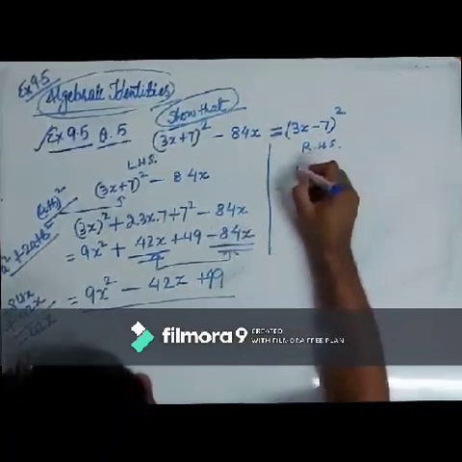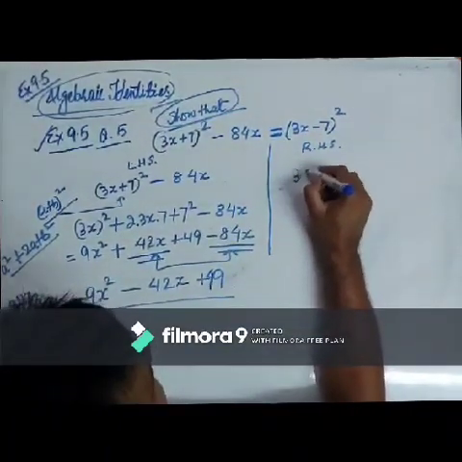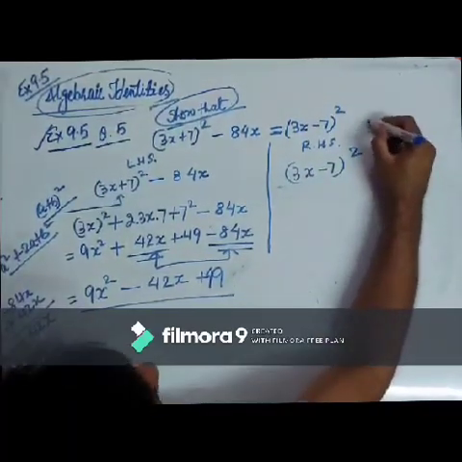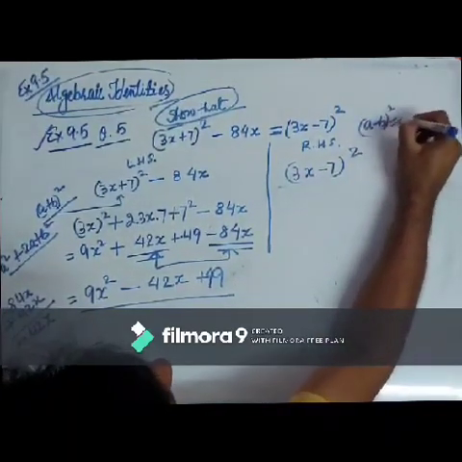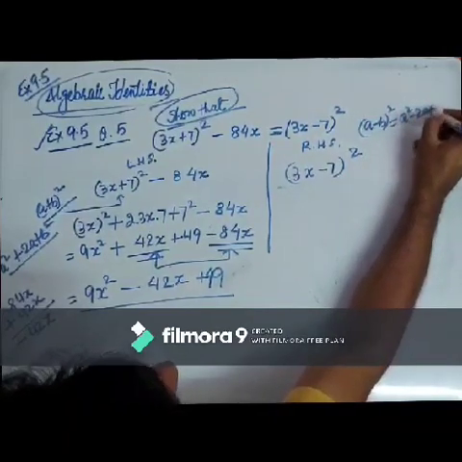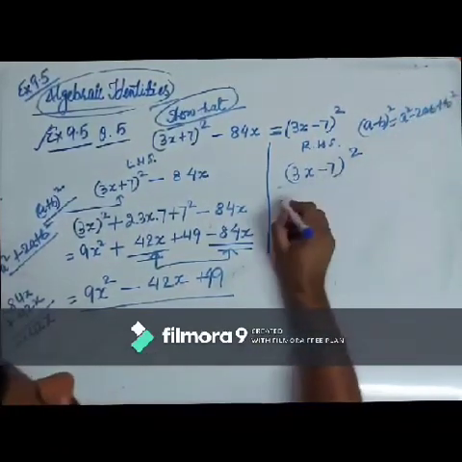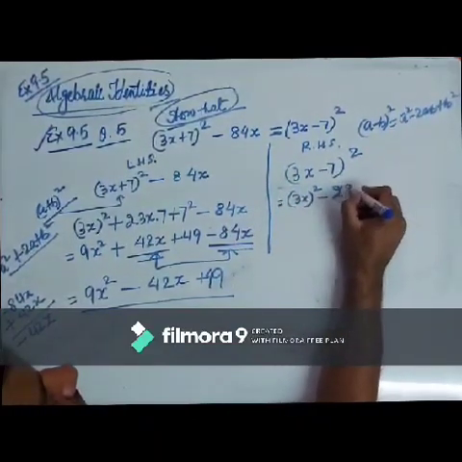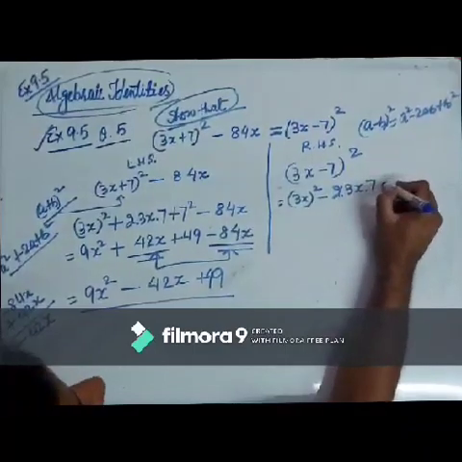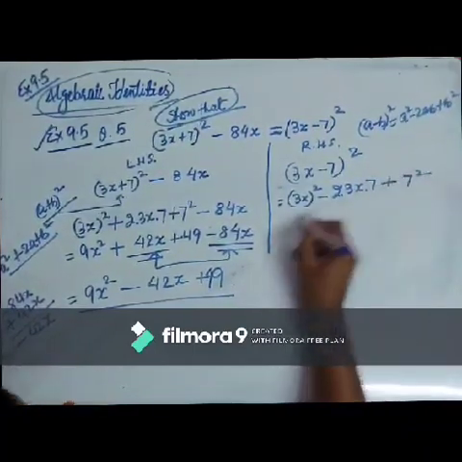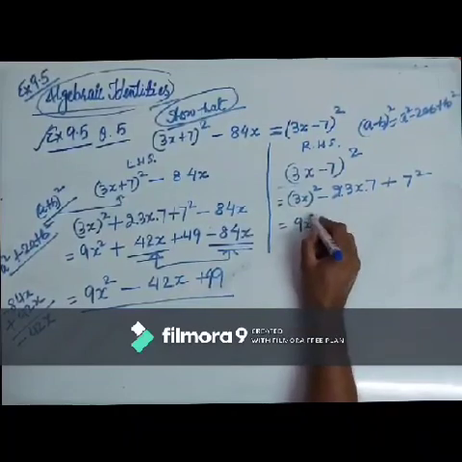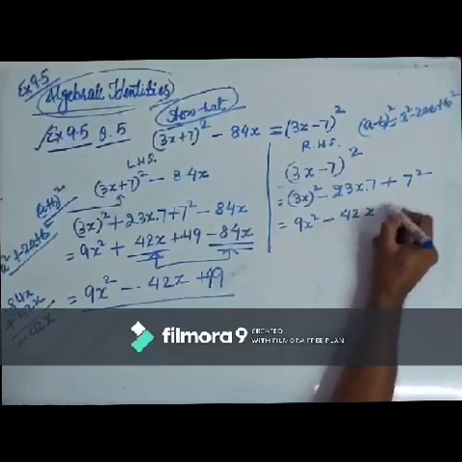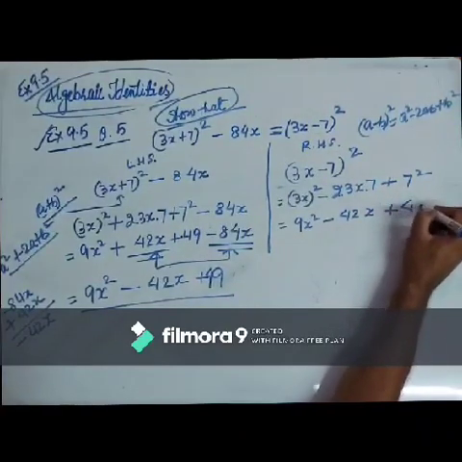Now let us see what is there in the right hand side. This is (3x − 7) whole square. By opening it with the identity (a − b) whole square, which is equal to a square minus 2ab plus b square, this is equal to (3x) whole square minus 2 into 3x into 7 plus 7 square. So this will give you 9x square, 3 2s are 6, 7 6s are 42, minus of 42x, interesting, plus 49.